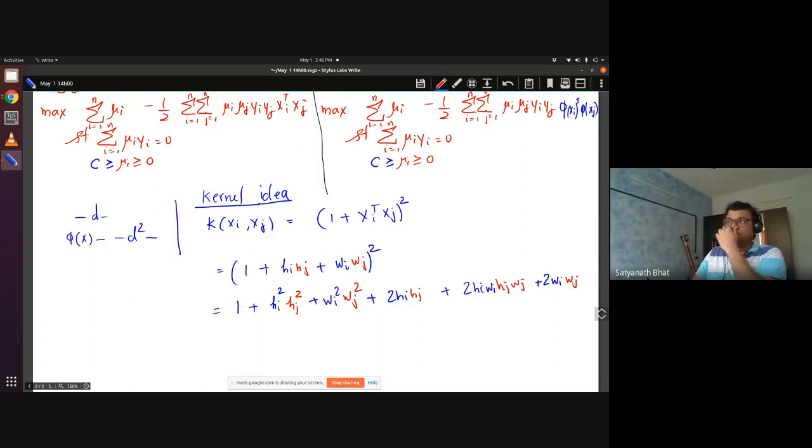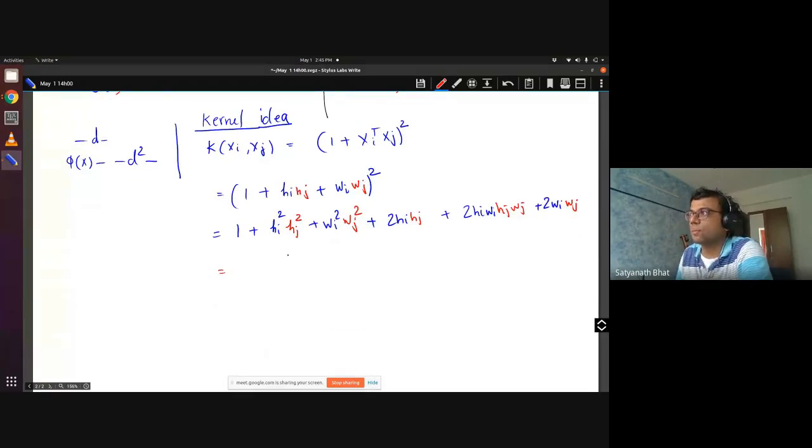So now what you can see, this actually is an inner product between two vectors of this form. So let me continue with this color business for some more time. So one, this is square root 2 hi, then square root 2 wi.